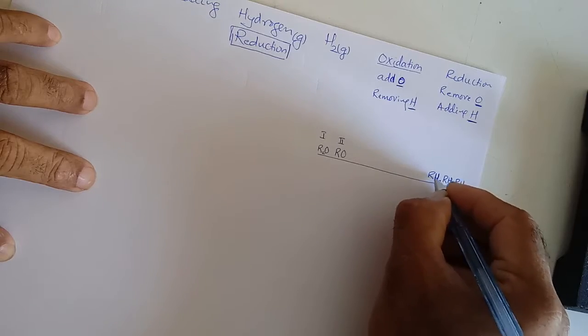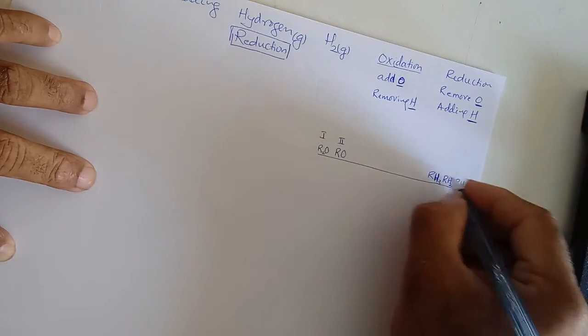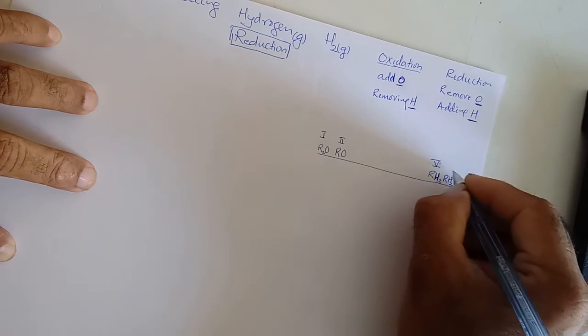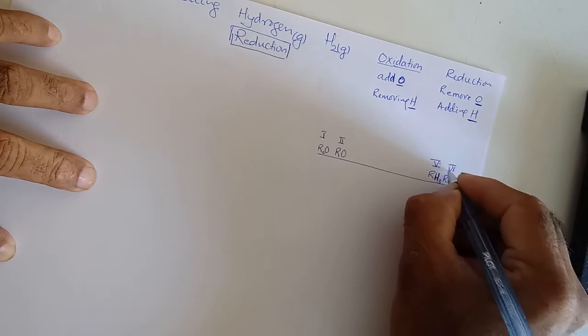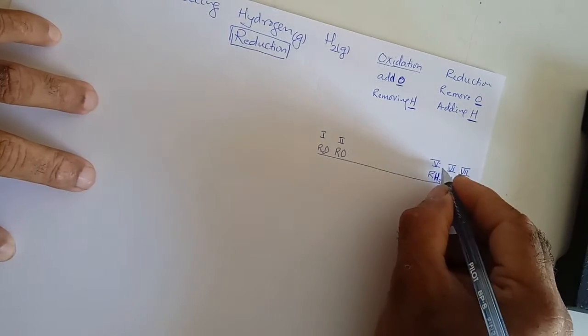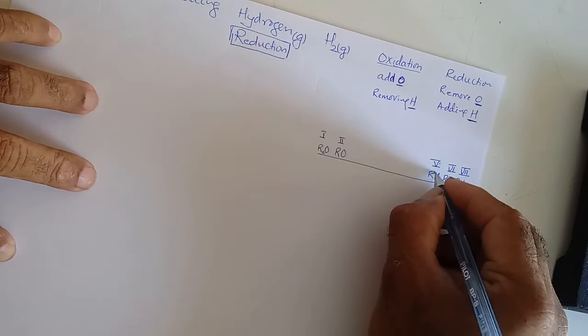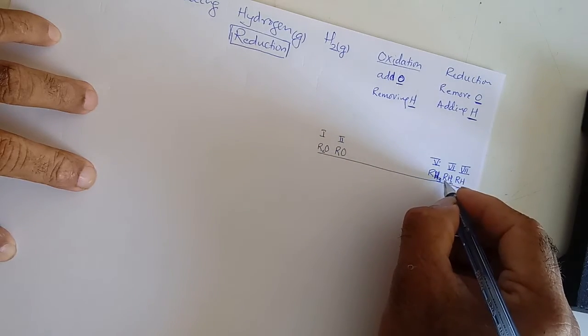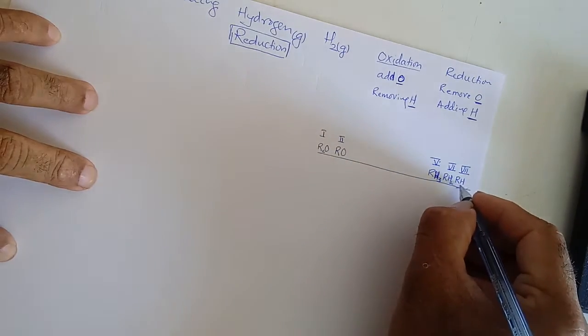This is group 5, group 6, and group 7. Group 5 is labeled as RH3. Group 6 is RH2. Group 7 is RH.